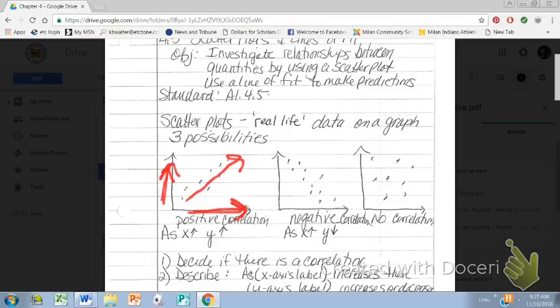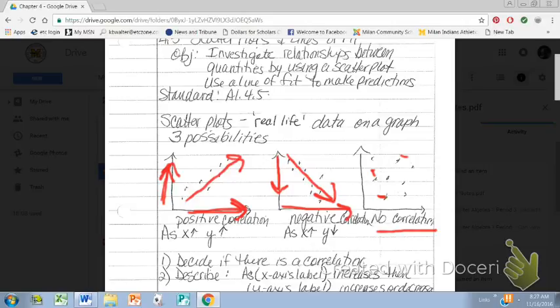A negative correlation would mean that as the x increases, the y decreases, because there's a general trend downhill from left to right. And finally, if the data points are scattered all over the place and you can't see a trend uphill or downhill in any way, you would say that there's no correlation.